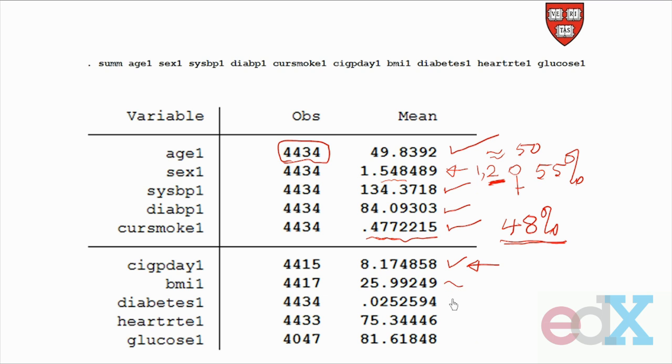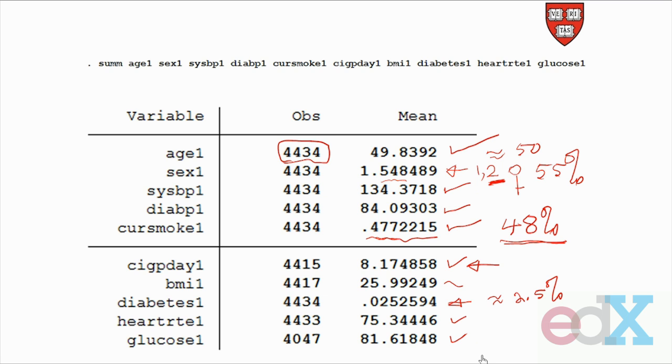BMI averaged at 26. Diabetes, very small. This once again is a 0-1 variable. So roughly 2.5% or 3% were at the value 1, which means they had diabetes. And the heart rate averaged about 75, and the glucose averaged about 81.6.